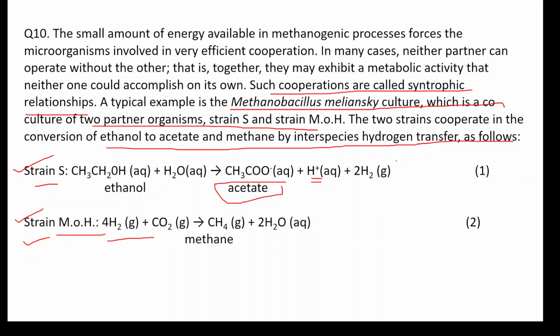So their relationship is based on interspecies hydrogen transfer. Please note this down, then we'll see the question. This is the scenario that has been given. This is a biological reaction, but it still involves a lot of chemistry. Please note this down. We'll move forward and see the question.